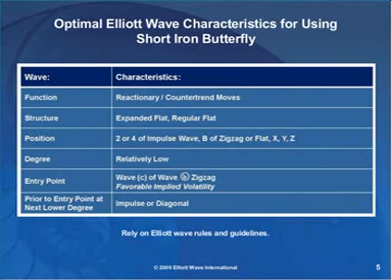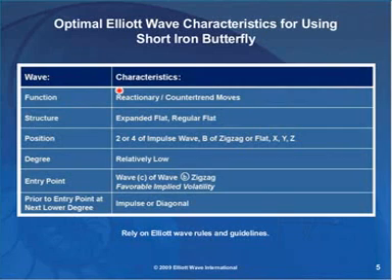Now, optimum Elliott wave characteristics for using the short iron butterfly. By definition, for the short iron butterfly, this is a counter-trend move, as we saw in the diagram. Could be wave 2, wave 4. We're looking for either an expanded flat or a regular flat, those types of situations.